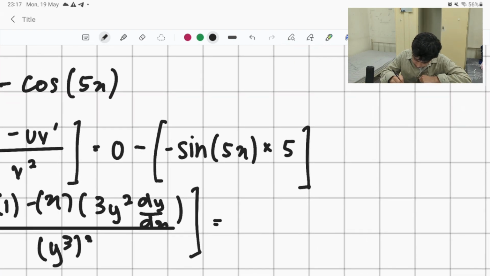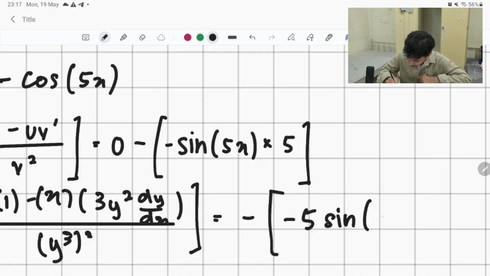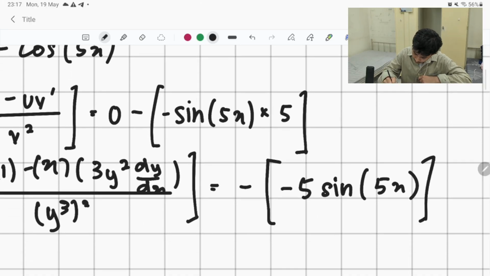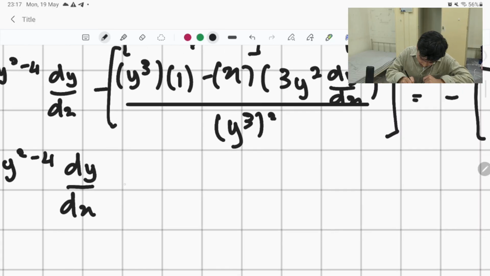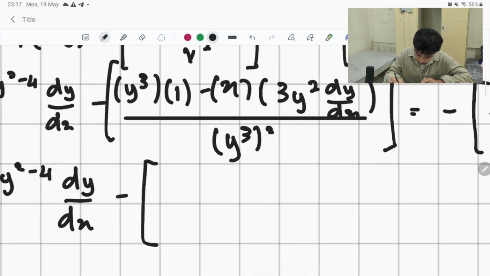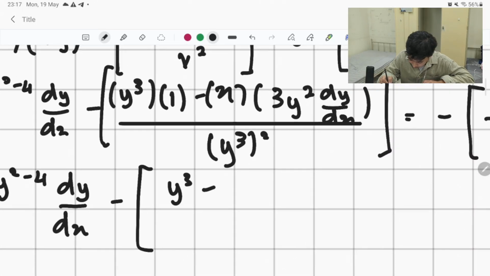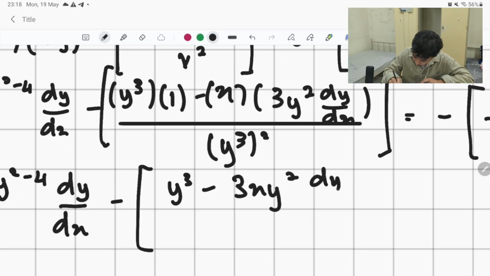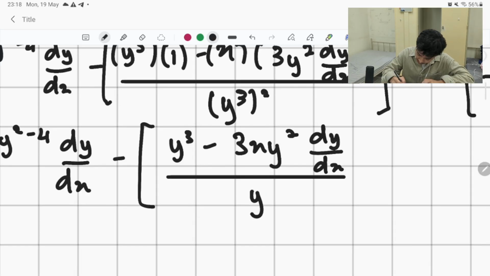Then equal to negative 5 times 5x. Rewrite the equation: minus y cube multiplied by 1, we get y cube minus x multiplied by 3y squared, 3x y cube dy over dx over x.